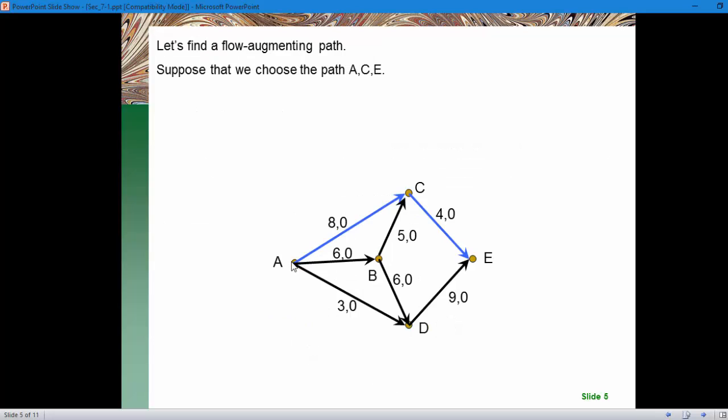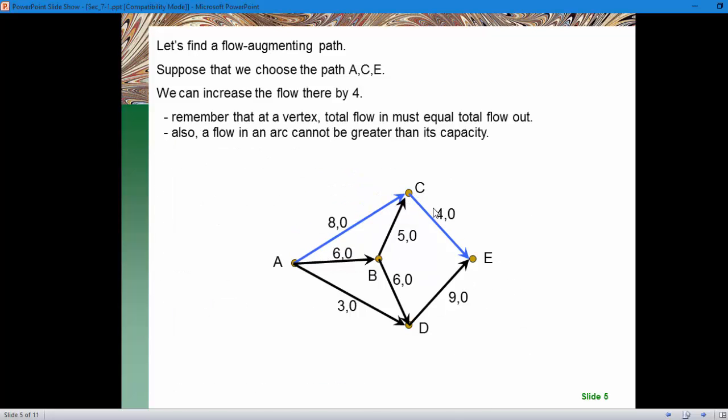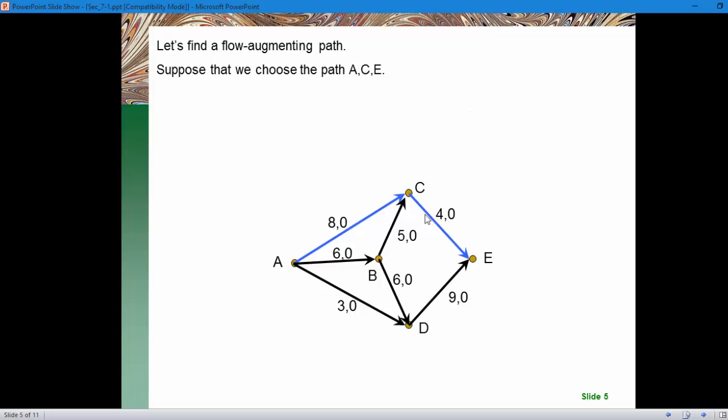Now, let's try to increase the flow from the source to the sink. One way we can do that is to analyze, for example, this path ACE. Currently there is 0 flow going there. Imagine a highway, and currently there are no cars traveling on it. If we start adding cars to this highway, then we can have a maximum capacity of 8 units on this edge, and a maximum capacity of 4 units on this second edge.